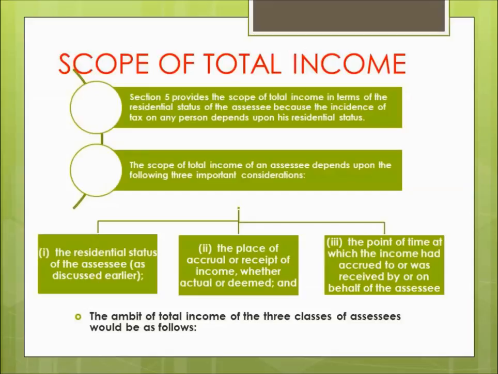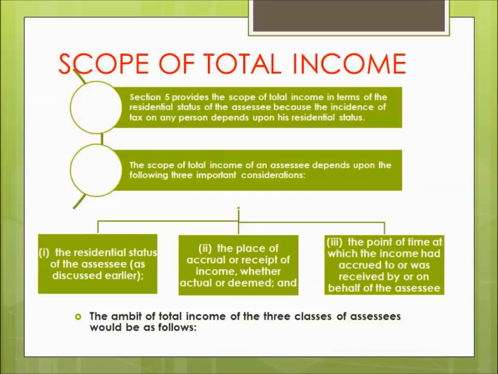Number two is the place of accrual or receipt of income, whether actual or deemed. So the place also is important to determine whether the income of an assessee will be included in the total income or not.